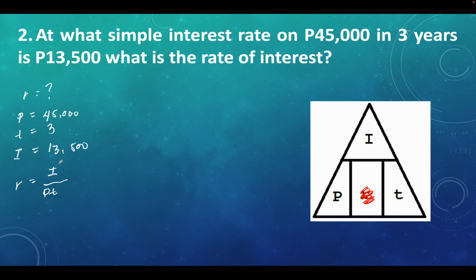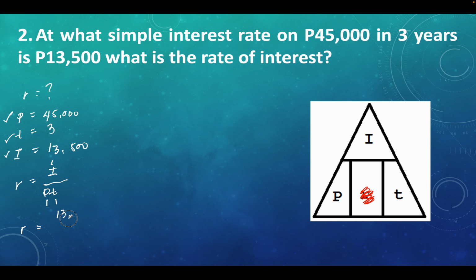Okay. So, since yung interest natin is given, which is this one, yung principal natin is given, which is 45,000, and yung time natin is given into 3 years, or 3, we will just simply substitute. So, substitute lang natin. Rate is equal to the interest.